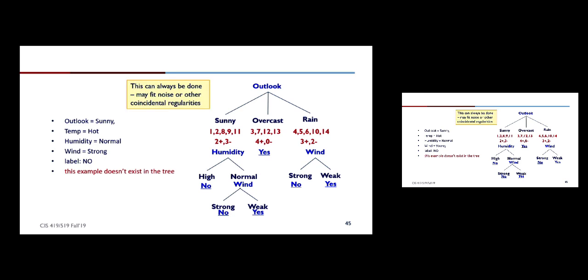And therefore, something is wrong, right? So you don't always want to modify the tree as a way to just agree with the training data. What's going to happen in the future when you really get examples with no labels and you want to be able to predict? So this is how we introduce the problem of overfitting.